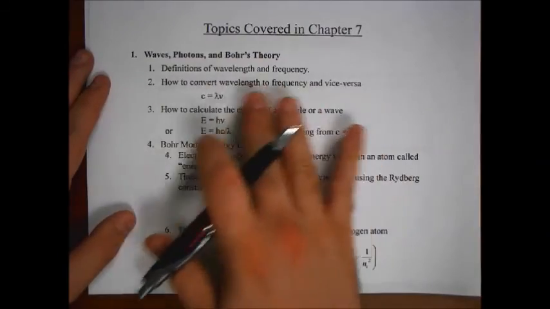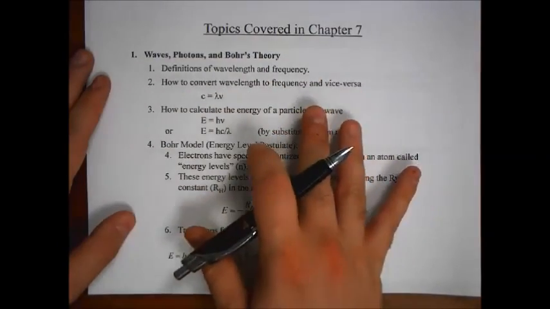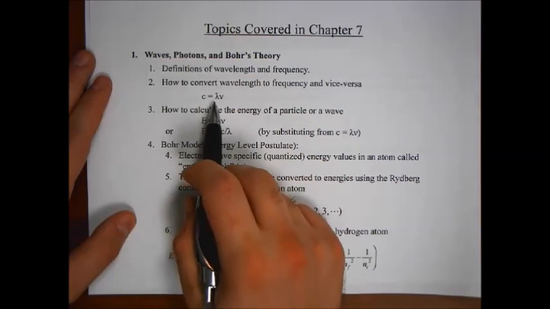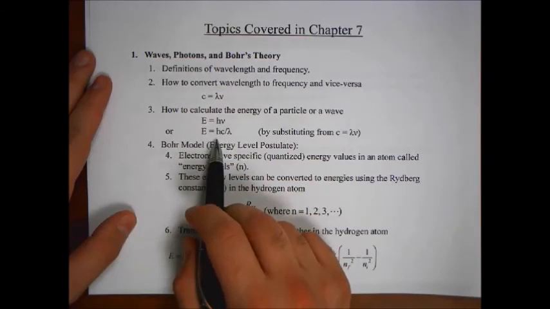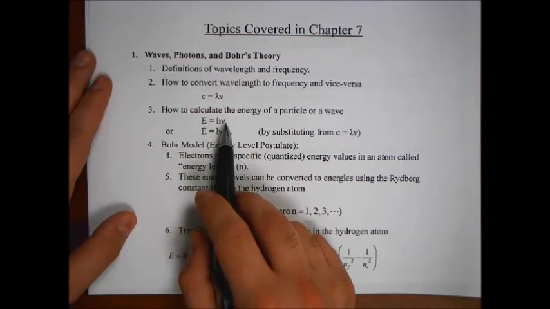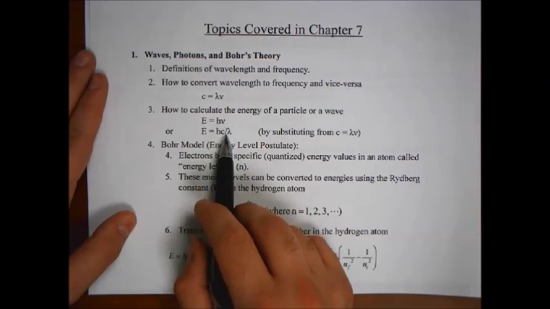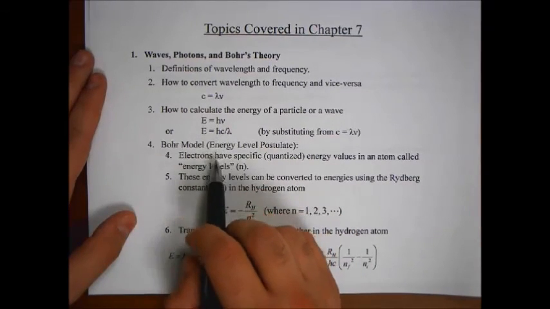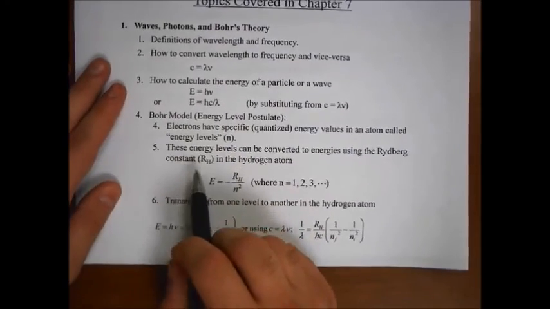The important things with this chapter are that you have to know how to work with waves and photons. You have to know how to use Einstein's relation and Planck's relation, where energy is related to either the frequency or the wavelength, substituting from c equal to lambda nu.